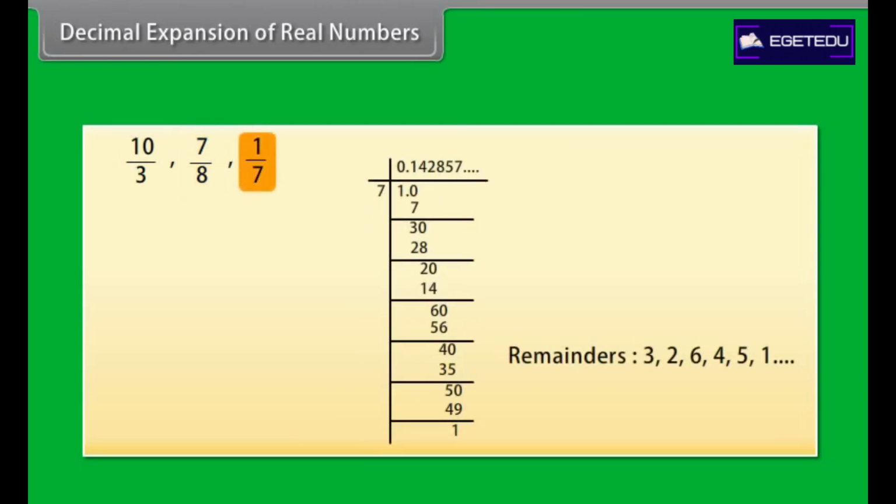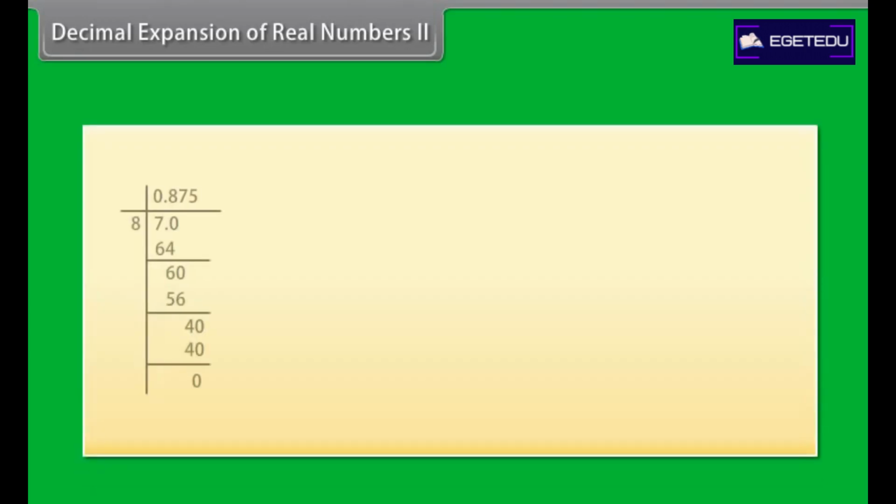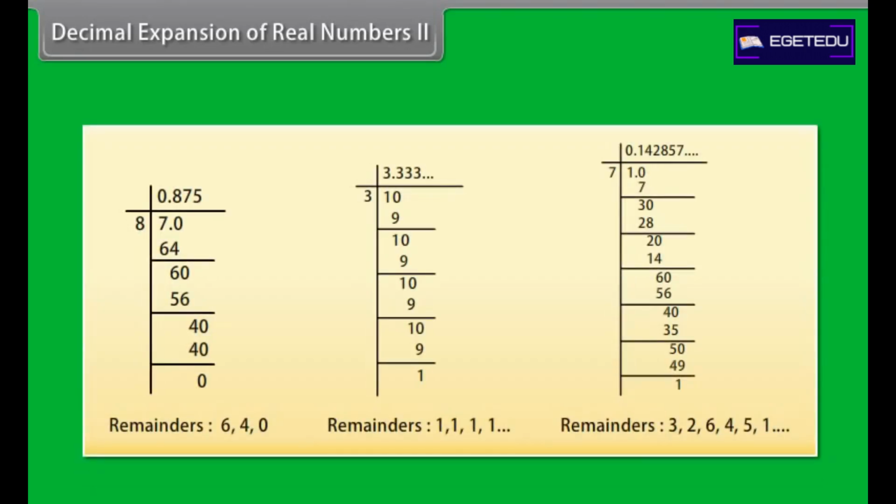And the remainders of 1 by 7 are 3, 2, 6, 4, 5, 1. Did you notice something here in all these examples? Notice that here the remainders either become 0 after a certain stage or start repeating themselves.